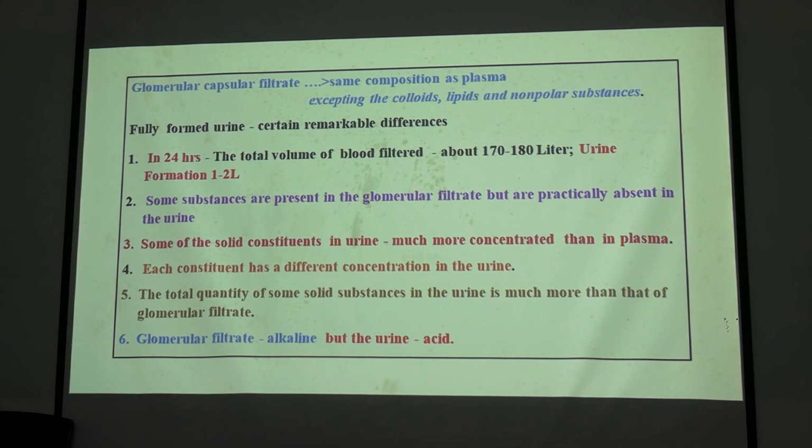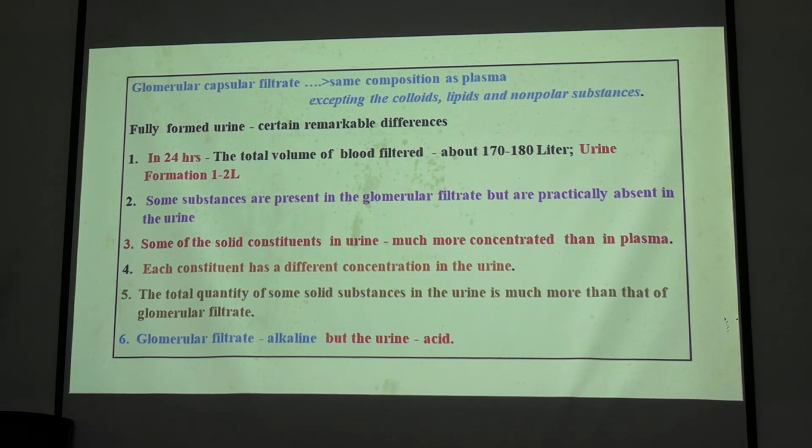Lipids are non-polar substances, which means they are not soluble. They are retained in the blood. They are returned through the other side of the capillary, that is the efferent arteriole. Afferent arteriole is entering and efferent arteriole is going out.